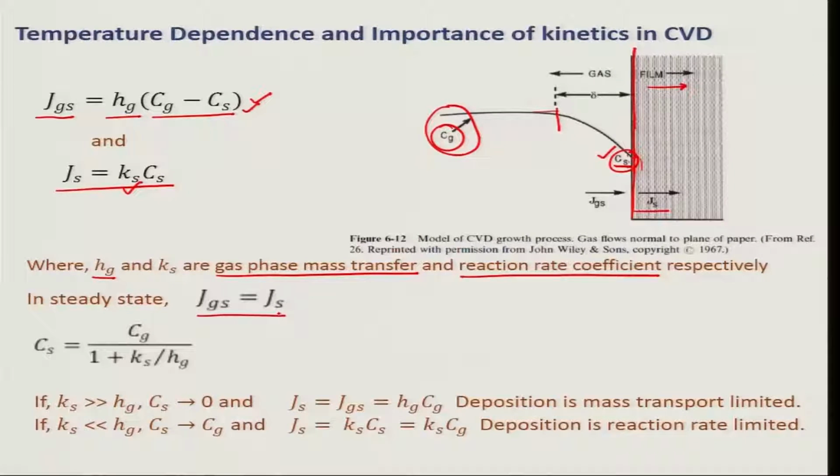Whatever is coming in from the gas phase is reacting at the surface to give you thin film, so that Cg minus Cs remains constant, and that is your steady state. In steady state, if you solve this equation, you will get an expression like this, where Cg is constant.